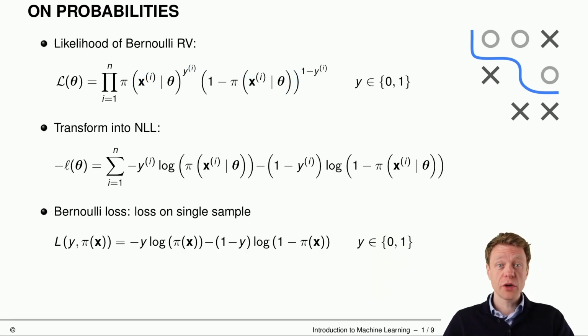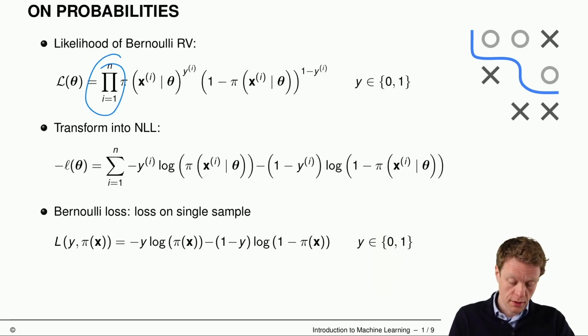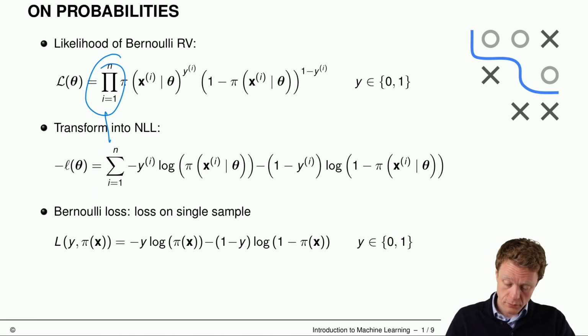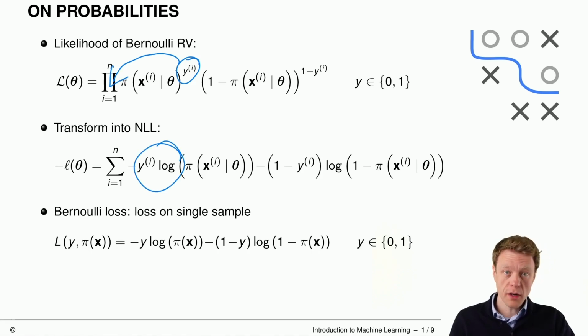Okay, if we are looking for a loss function, we can do this negative log likelihood trick. So first we transform this likelihood here into a negative log likelihood. By employing the log, this product becomes a sum. Then this y, the exponent, goes in front of log of pi.